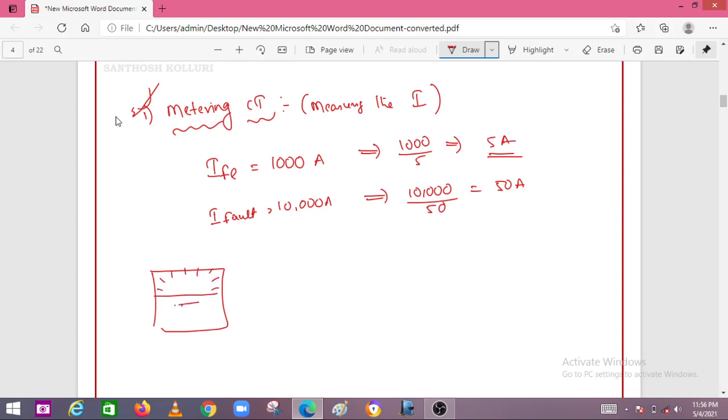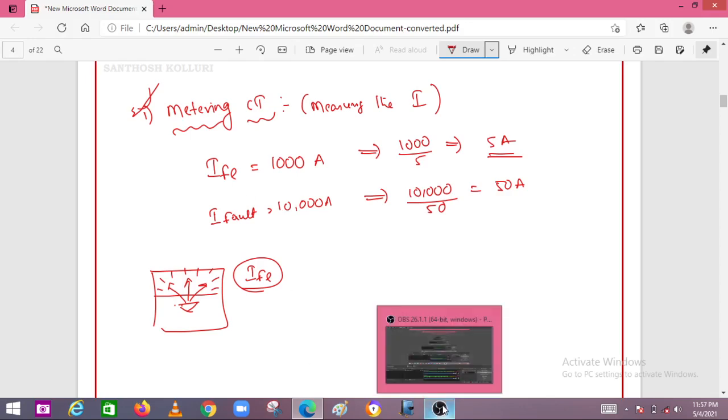The intention of the metering equipment is to measure the current value flowing through the transmission line. That means up to the full load current only. Beyond that we cannot measure the value, because we are not required to measure the fault current here, because we are not operating the equipment in the fault condition. So that's the meaning.